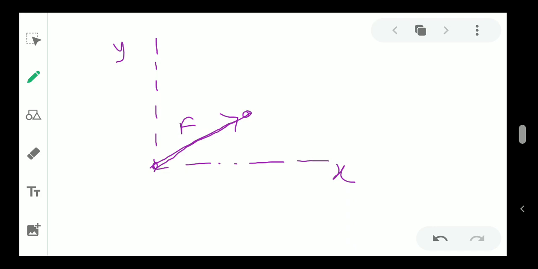The coin is moving from the origin to this point P, let's say with coordinates x comma y. It has gone a distance x horizontally, and then it has covered an upward distance y, and then it has reached this point P.